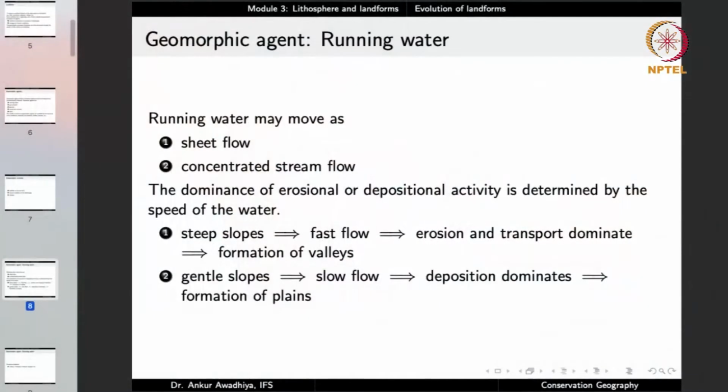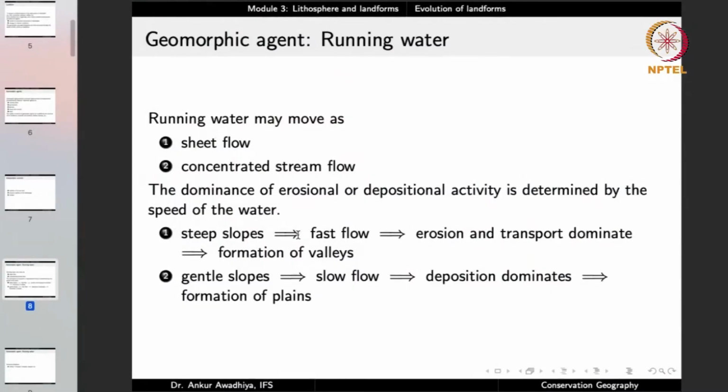So if the speed of water is very large, the erosional activities will dominate. There will be a large amount of erosion, a large amount of transportation, but a very small amount of deposition. When the speed of water is less, then depositional activities take predominance.